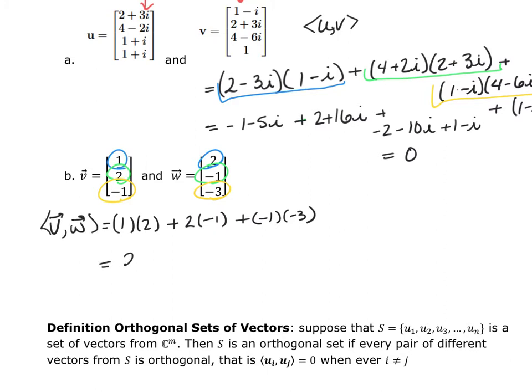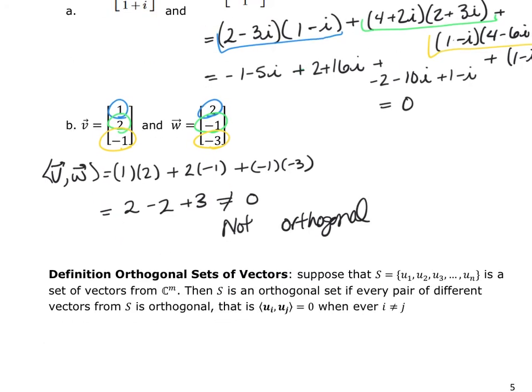This gives me 2 minus 2 plus 3. This does not equal 0. This equals 3. So these are not orthogonal. A quick way to check is just to go ahead and do the inner product, and it'll tell you whether or not it is orthogonal.